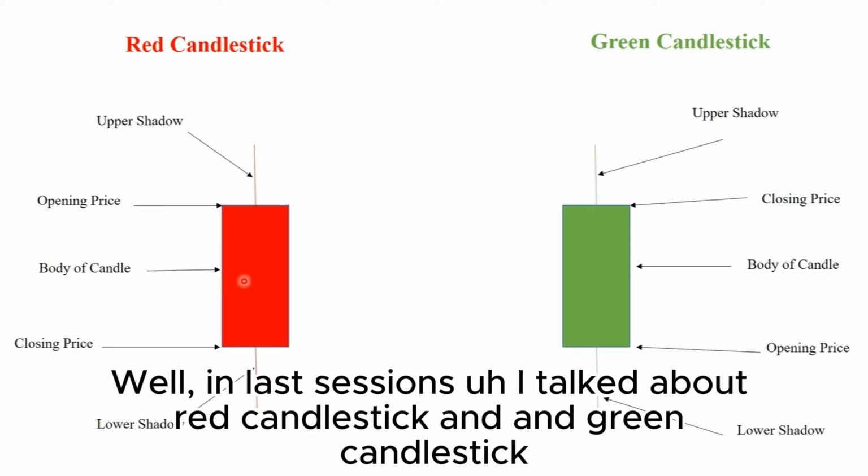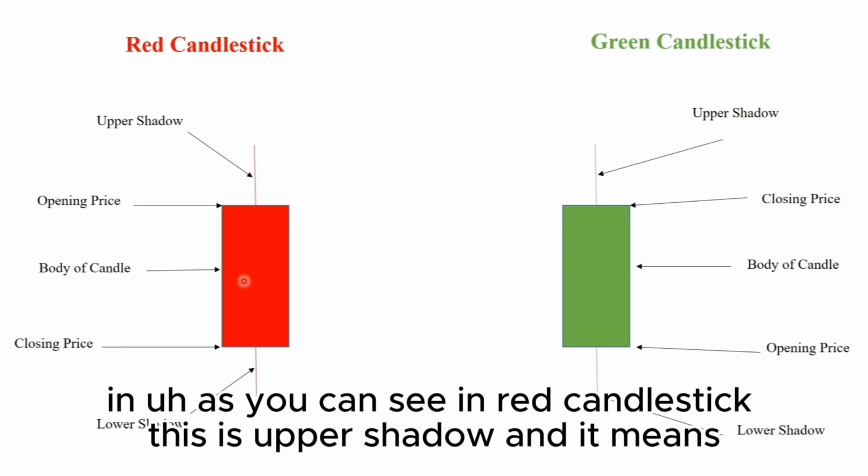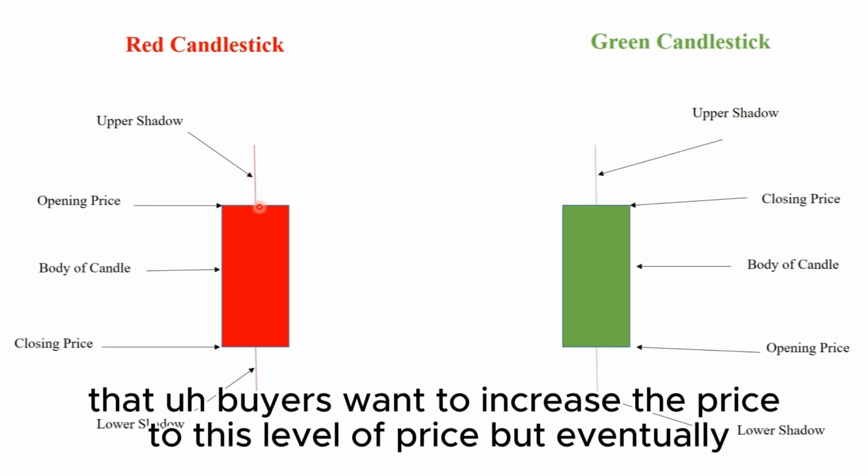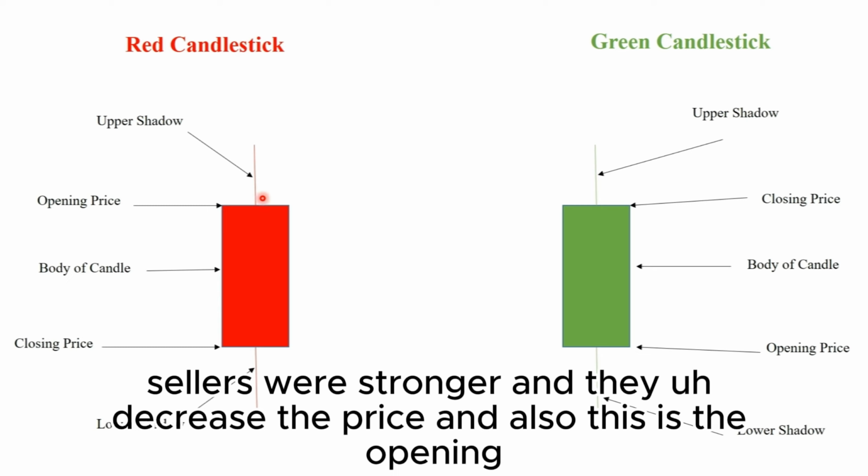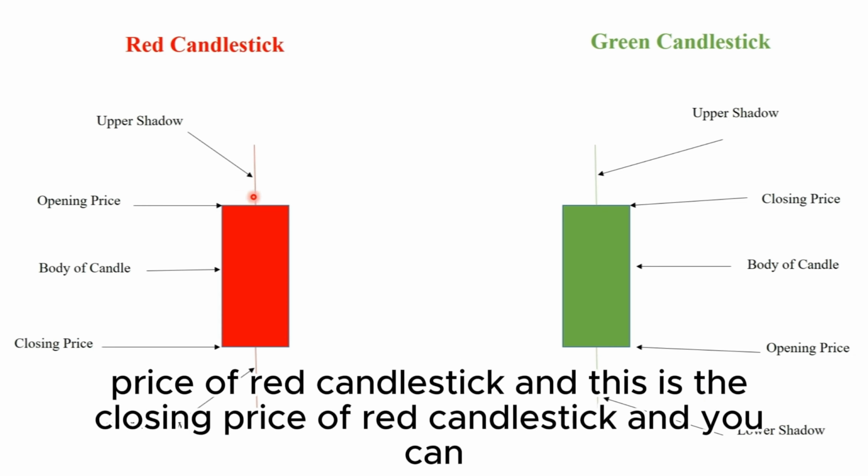In the last sessions, I talked about the red candlestick and green candlestick. As you can see, in the red candlestick, this is the upper shadow, and it means that buyers wanted to increase the price to this level, but eventually sellers were stronger and decreased the price. This is the opening price of the red candlestick, and this is the closing price.